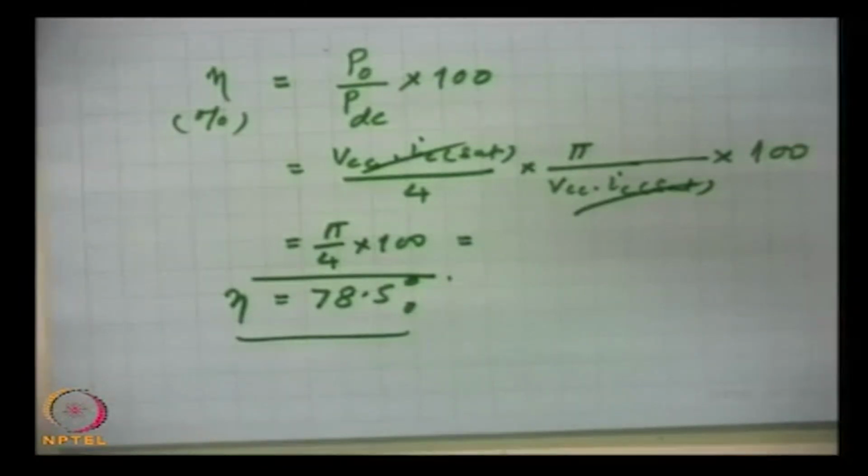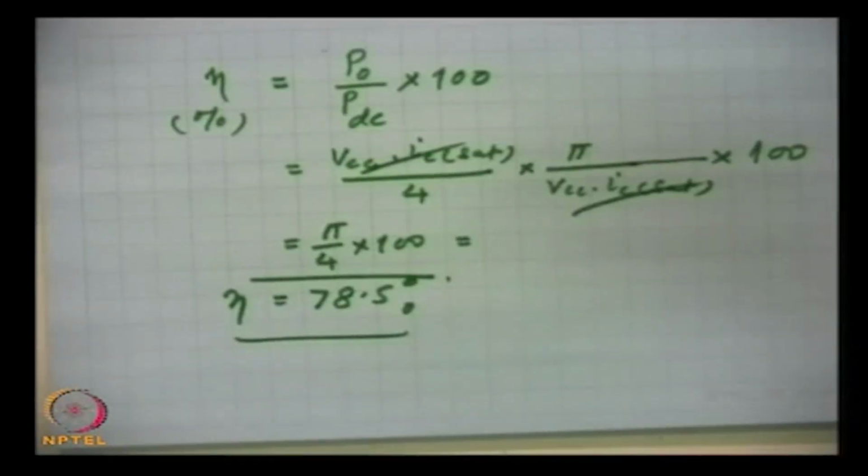Very high efficiency. This is of course the theoretical highest possible efficiency, 78.5% when the transistors are operating in class B as a class B amplifier. This efficiency for the class A power amplifier, when the load was capacitor coupled, was 25%.